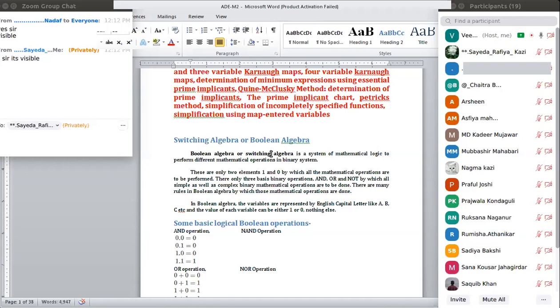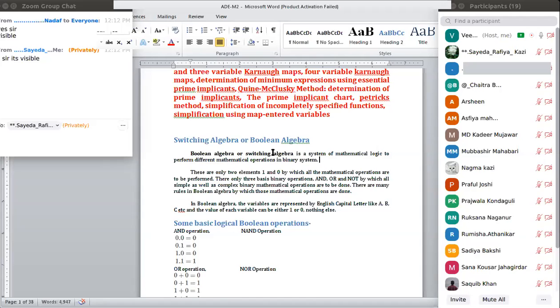It is a simple system providing a mathematical logic to perform different mathematical operations on a binary system. When I say binary system, definitely we have all come across the binary number system, 0 and 1. That is very much important.